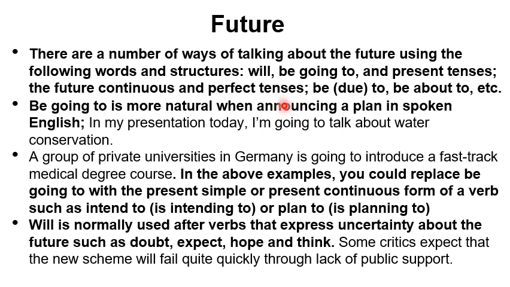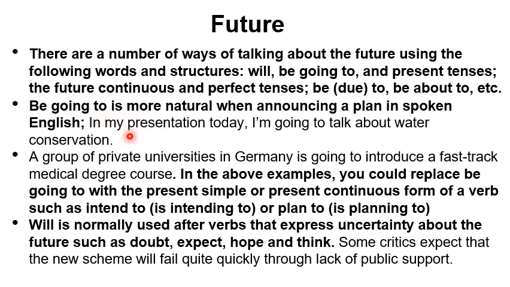First of all, let's talk about be going to. Here we are talking about something certain, something planned already, a decision already taken. There is a certainty with using be going to.